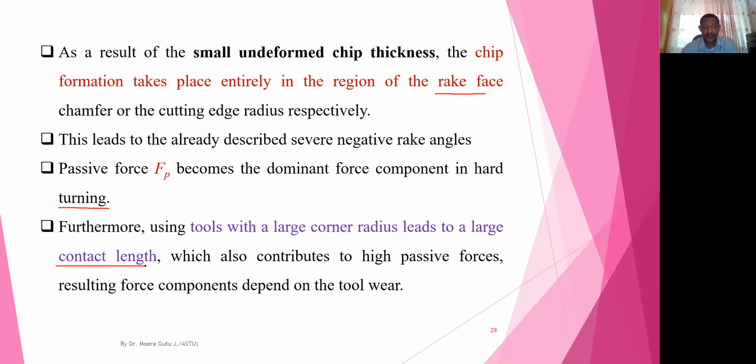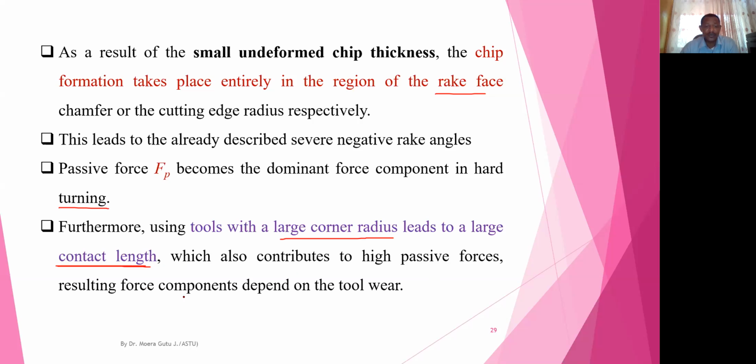Previously we said a large corner radius will allow heat dissipation, but it has another negative effect. In this case, the tool engagement with the workpiece is more, so the hydrostatic pressure load on the workpiece is more, which also contributes to high passive forces.